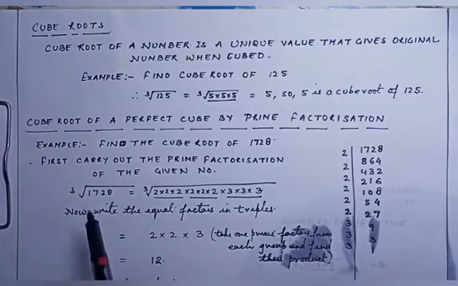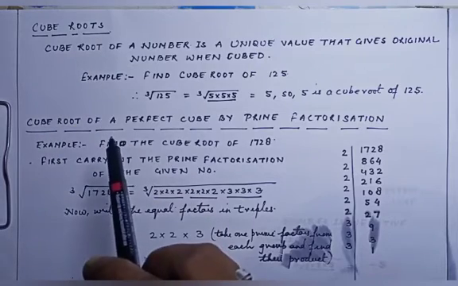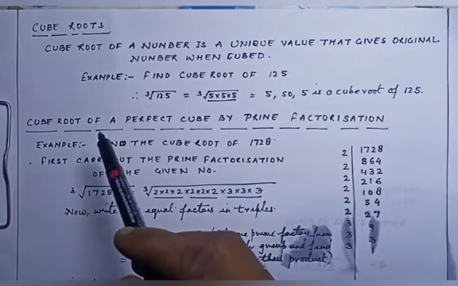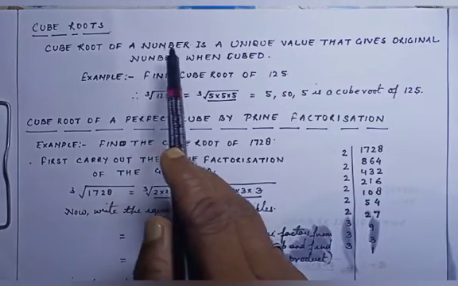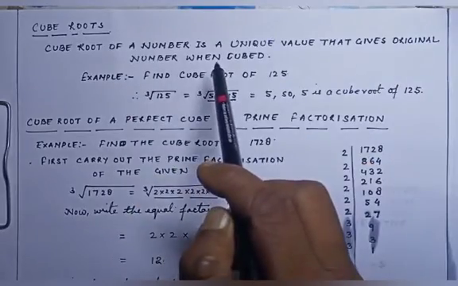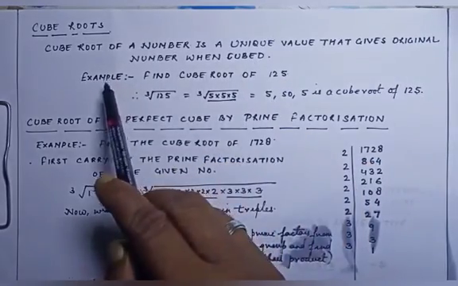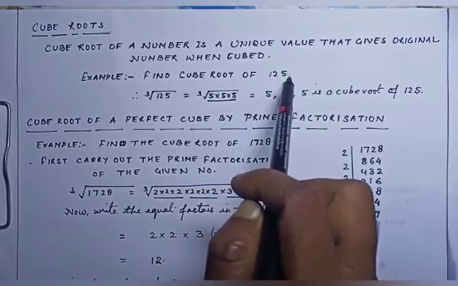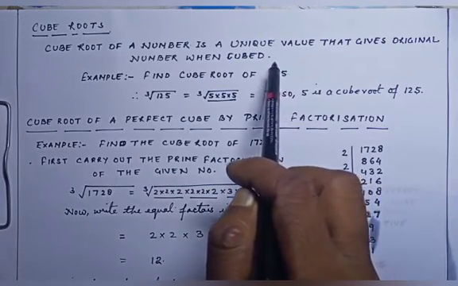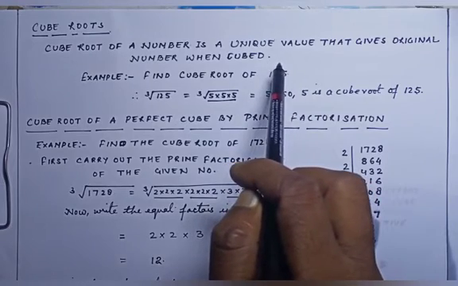Let us move to the next topic, that is cube roots. How to find the cube root of a number. Let us first see the definition of a cube root. Cube root of a number is a unique value that gives the original number when cubed. Suppose I have to find the cube root of 125, so I have to find that number whose cube makes 125.